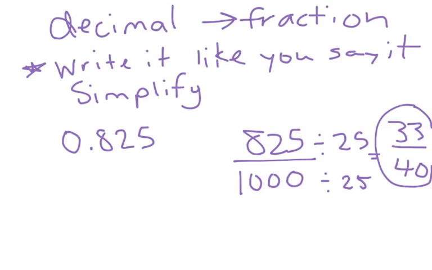So that part is something that should not be confusing to you at all. If it's a terminating decimal, then it's very simple to change a terminating decimal into a fraction by simply writing like you say it. Now, here's where I really want you to pay attention.